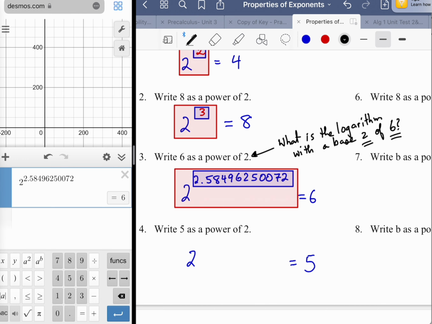So when I write this as log base 2 of 6, that notation, all it's really asking is, what would I have to raise this number to in order to equal this number? That's really all it's asking. It's just asking it in the most roundabout, weirdest way possible. So when I say write 5 as a power of 2, I could also say, what is the log base 2 of 5?